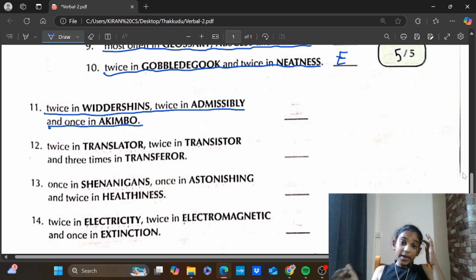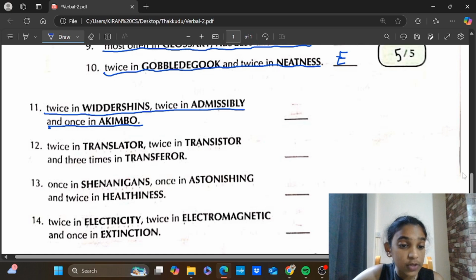Okay, so we need to find out what letter comes twice in the first word and in the second word, but once in the third word. Okay, so W, does it come twice? No, it doesn't. What about I? It comes twice. It comes twice here. It comes once here. So for question number 11, the answer is I.